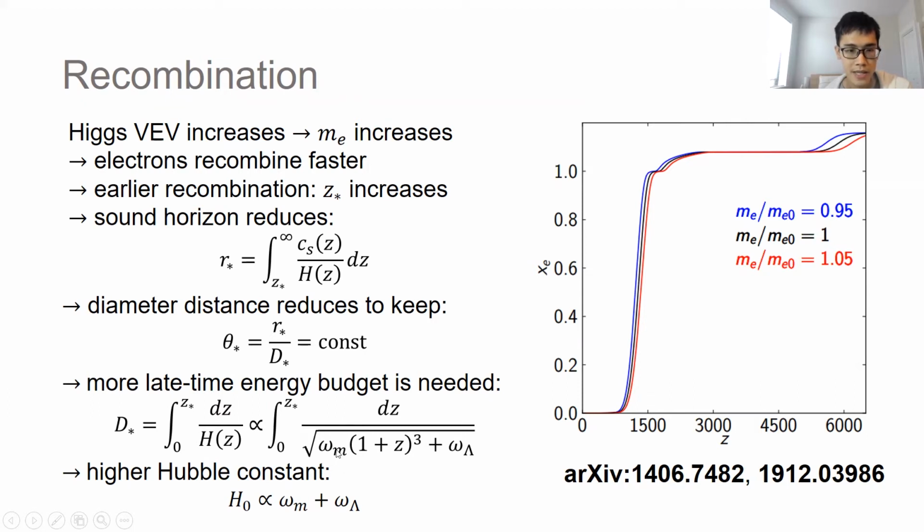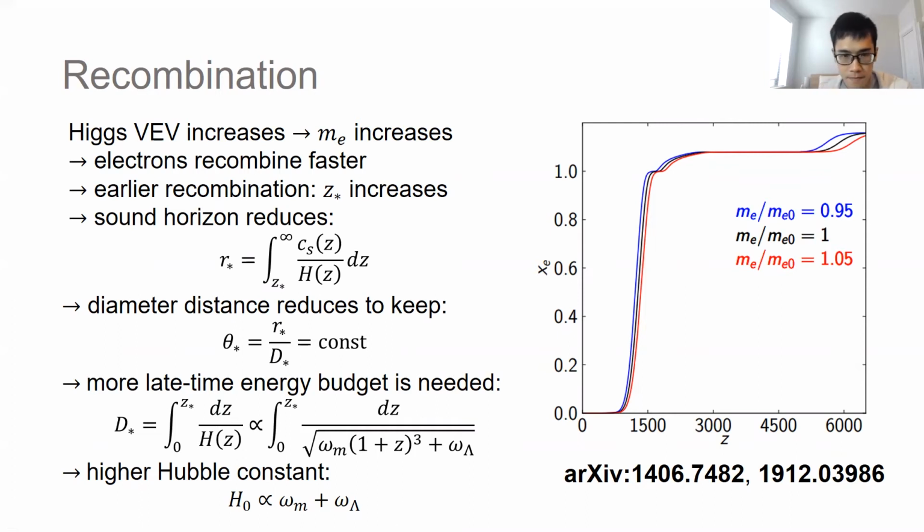Essentially, we need to increase either omega m, dark matter in general, or dark energy. By increasing either of them or both of them, we're essentially increasing the Hubble value. This is the key point to resolving the Hubble tension in a lot of models, as well as in our model.